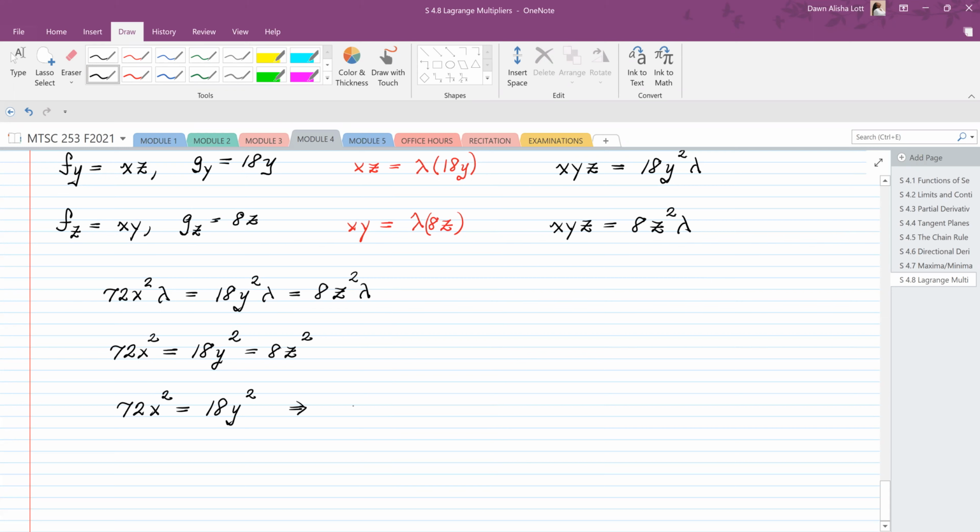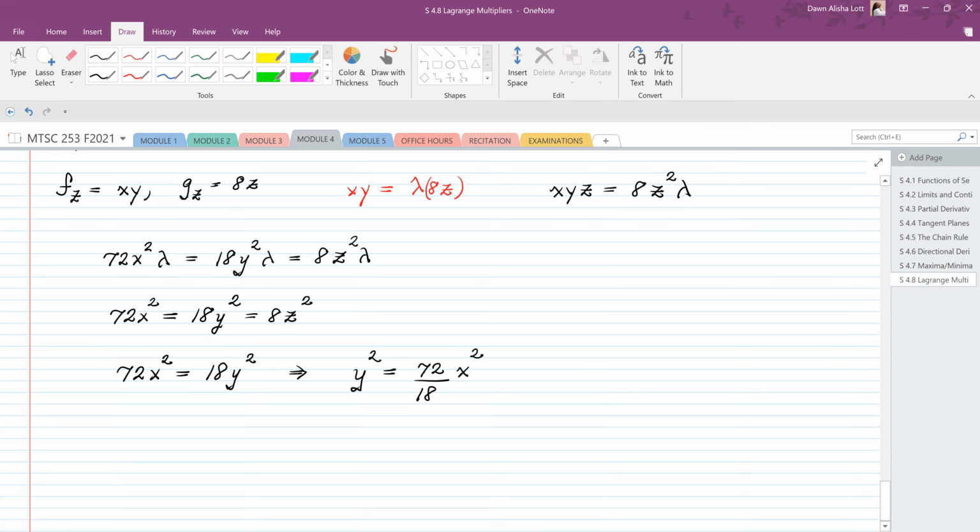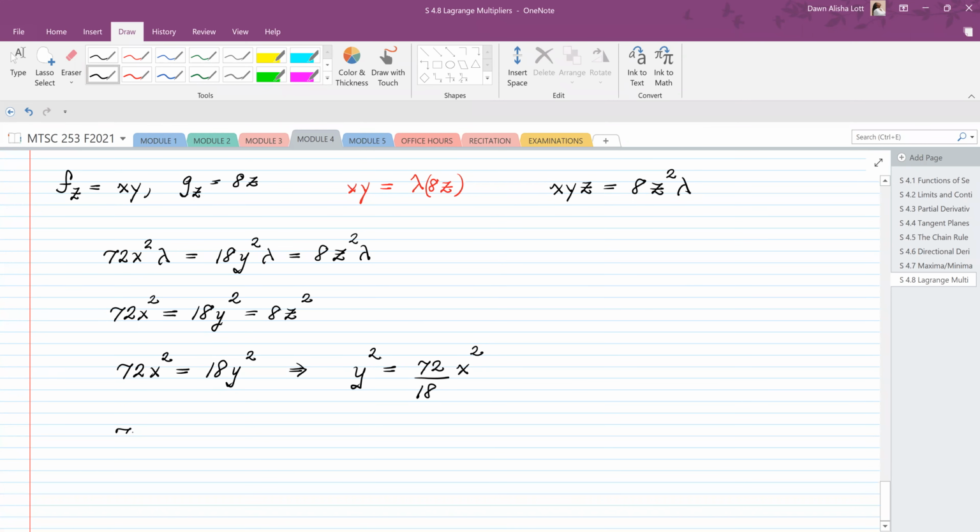That says that y squared is equal to 72 over 18 x squared. And I know that 72x squared is equal to 8z squared.